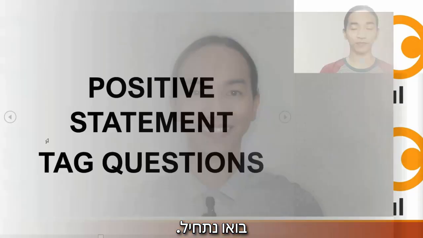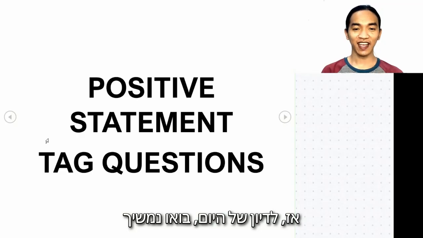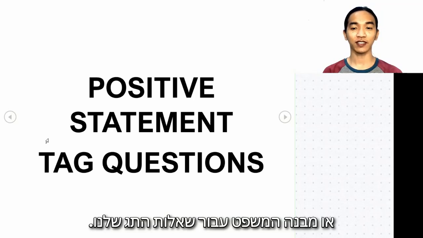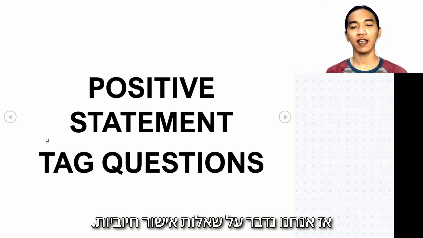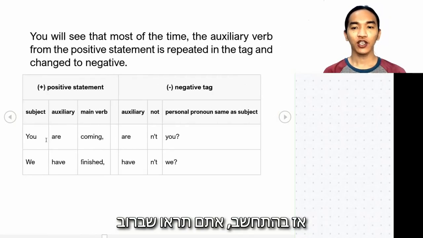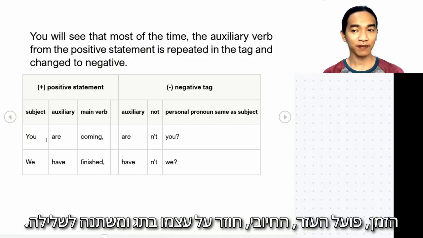Let's go. So, for today's discussion, let's talk about one of the most common sentence structures for our tag questions. So, we will be talking about positive statement tag questions. Okay? Most of the time, the auxiliary verb in the positive statement is repeated in the tag and changed to negative.